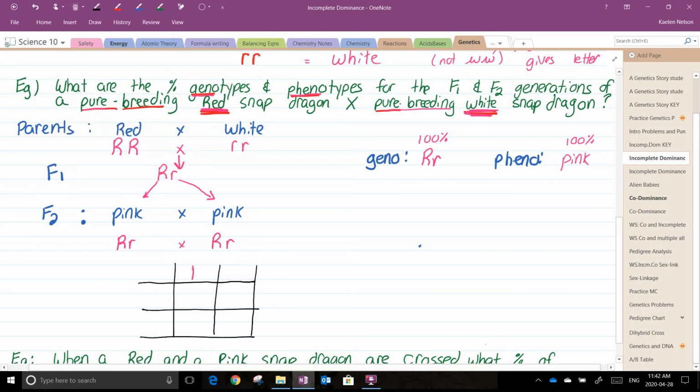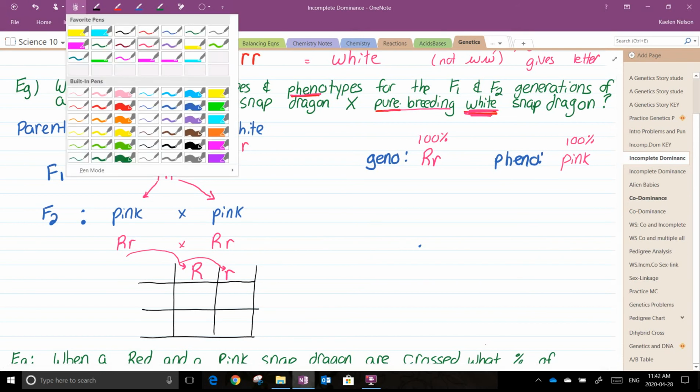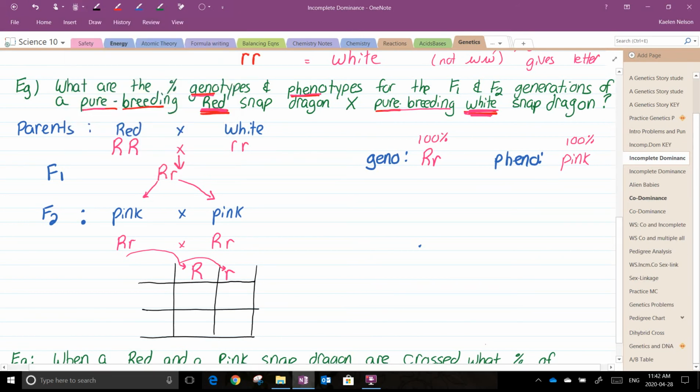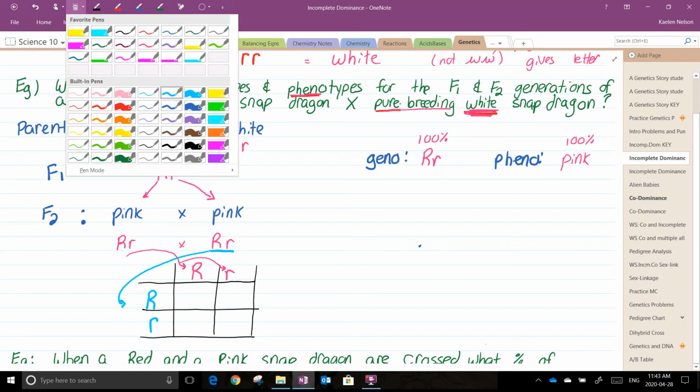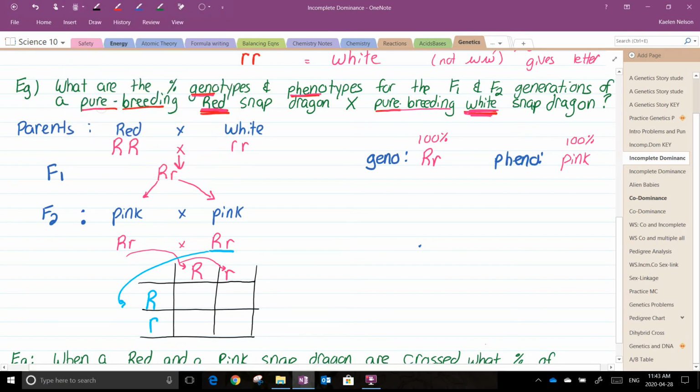Remember to split them up, so big R, little r, so I'll do that from this parent, split them. And I'll just change color for my other parent here. We'll do this guy. I'll put them down the side. Big R, little r.